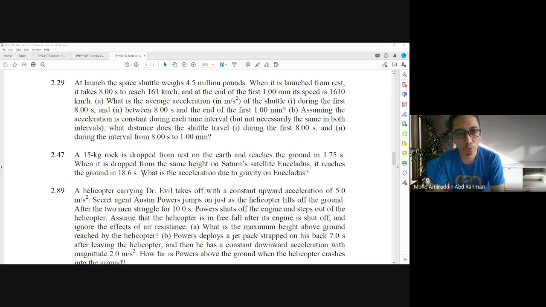Okay, so how to solve that? Remember the equation for the acceleration.